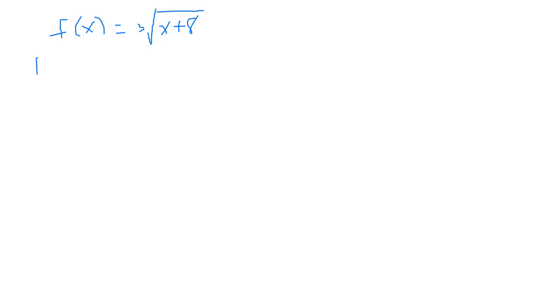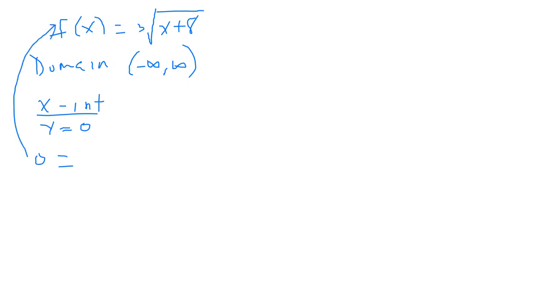Now, to find the domain, we know domain is what? All real numbers. The x-intercept, you know that y is always equal to 0. So we get 0 equals, because f of x equals y, so we replace that with a 0, the cube root of x plus 8.